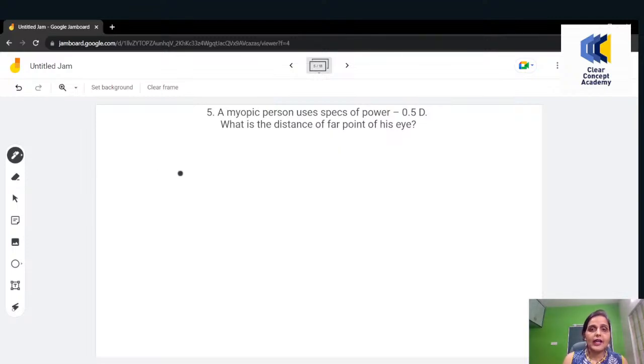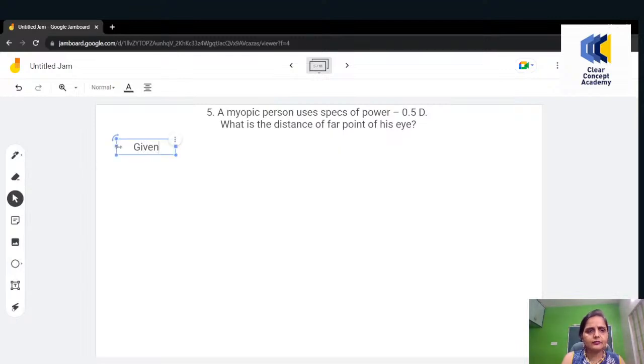In case of the corrective lens used for the myopic person, what is the object distance? The object distance is the original far point of the healthy eye, which is infinity. Okay, so let's start writing here.